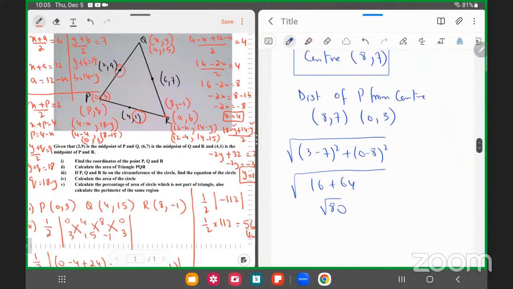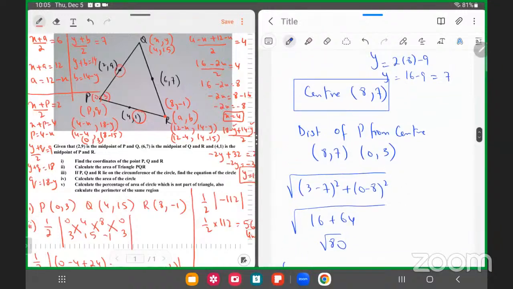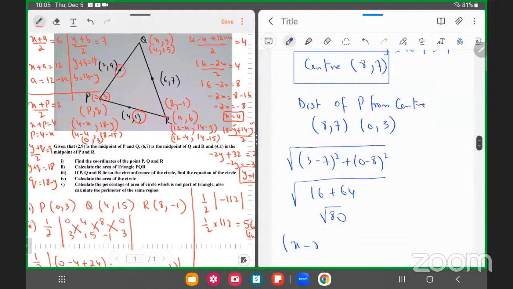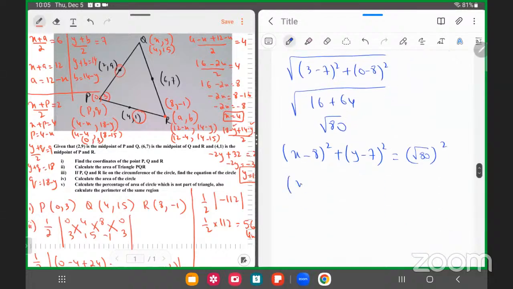So the equation of the circle will be (x minus 8) the whole thing squared plus (y minus 7) the whole thing squared equals under root of 80 squared. I hope you all remember the formula. (x minus 8) squared plus (y minus 7) squared is 80. I hope you all agree and I hope you all are understanding.